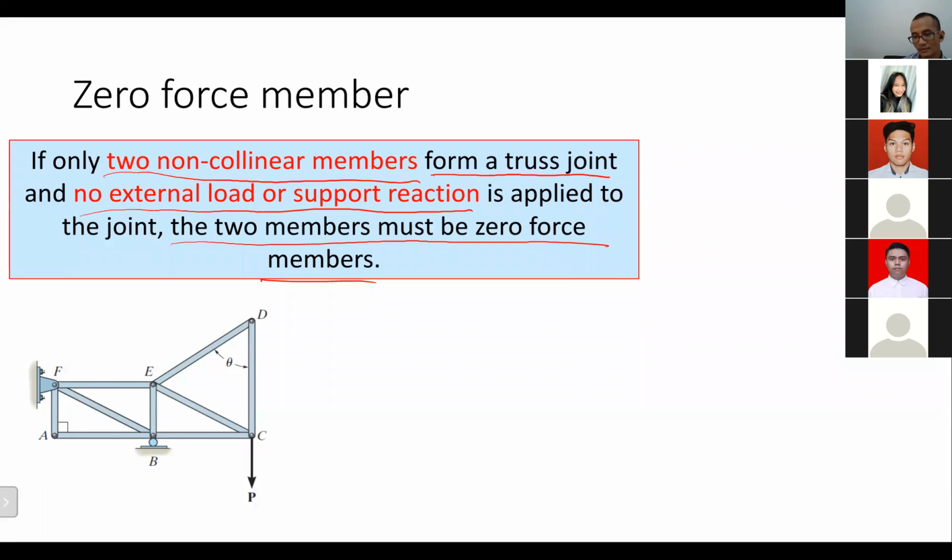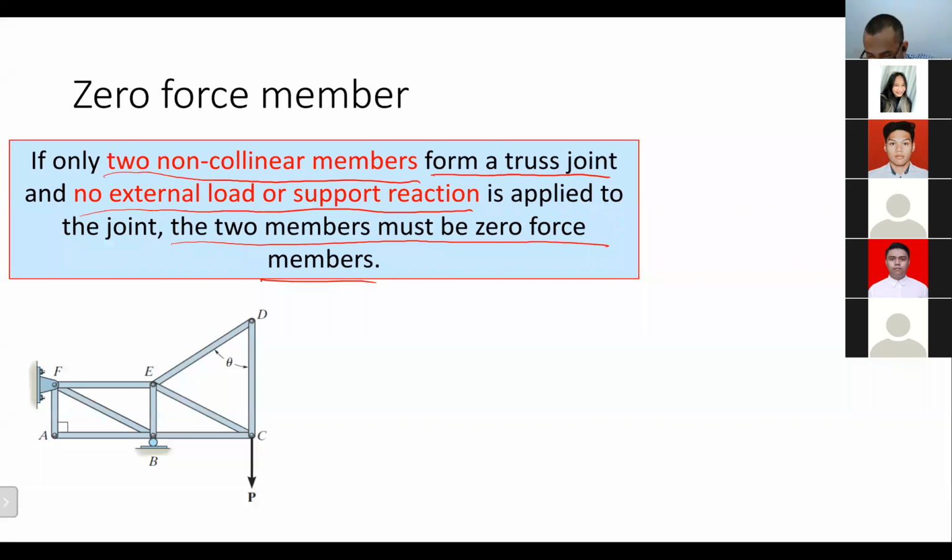Remember, only two members forming a joint. Can you find it?